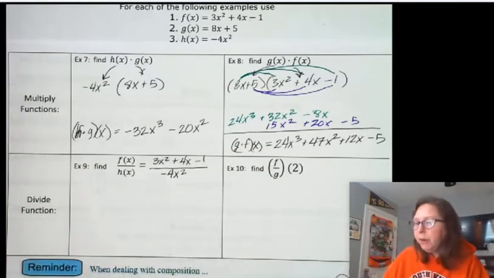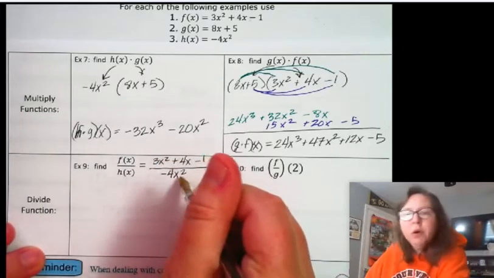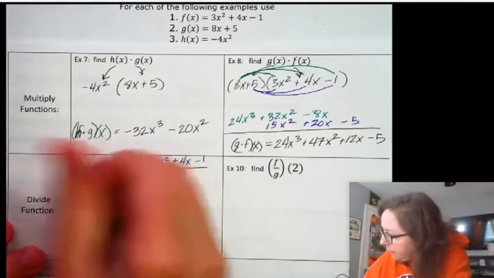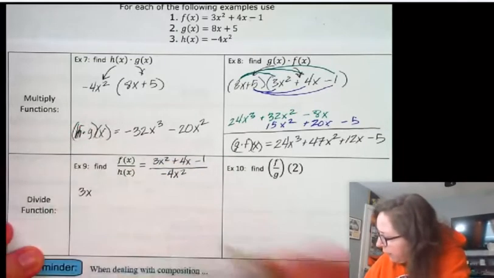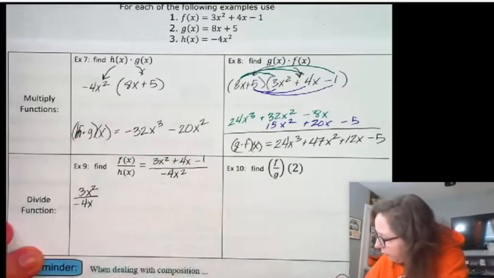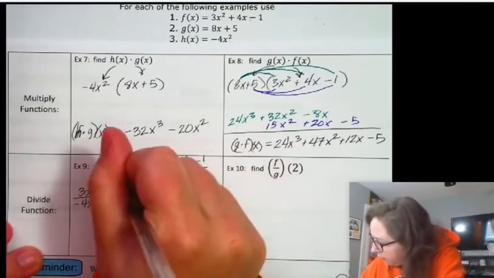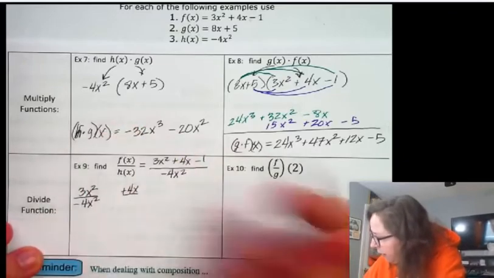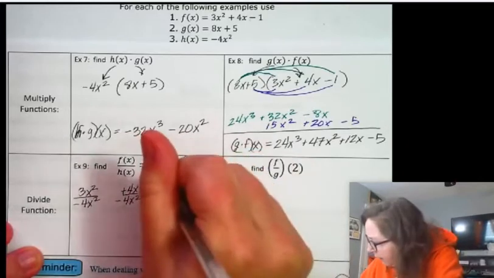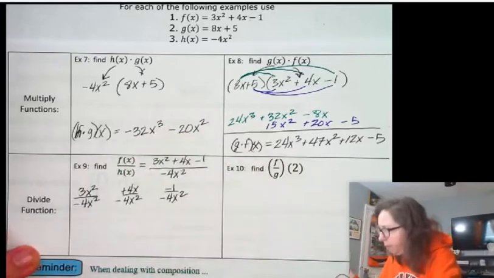Okay, so here's how we're going to have to do this. We need to break this up. So the negative 4x squared is the denominator for everything. So to make this easy, 3x squared divided by negative 4x squared, positive 4x divided by negative 4x squared, and then negative 1 divided by negative 4x squared.